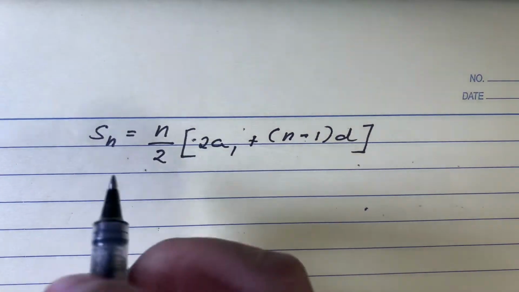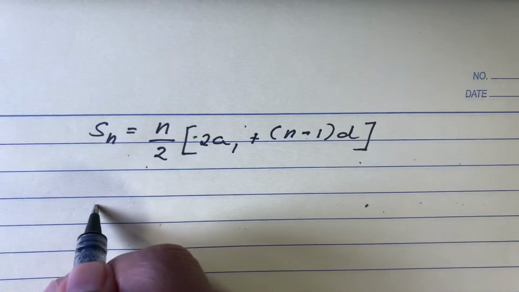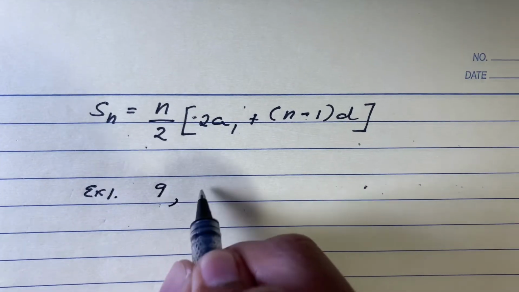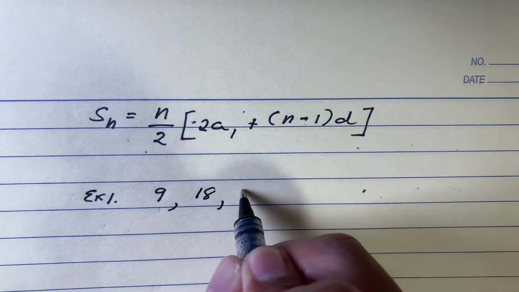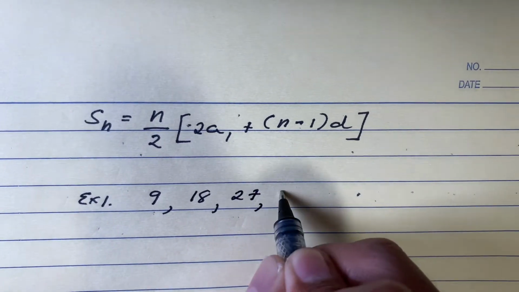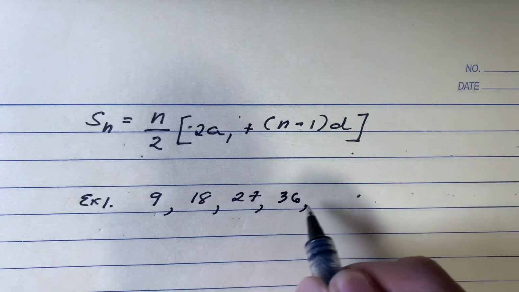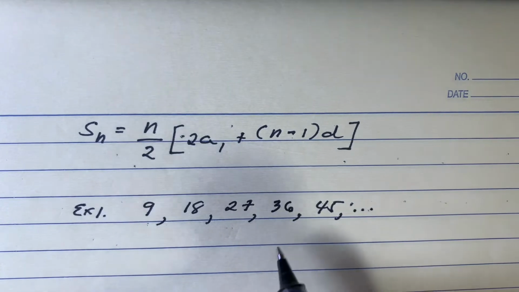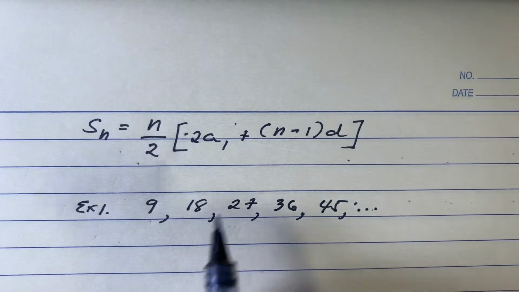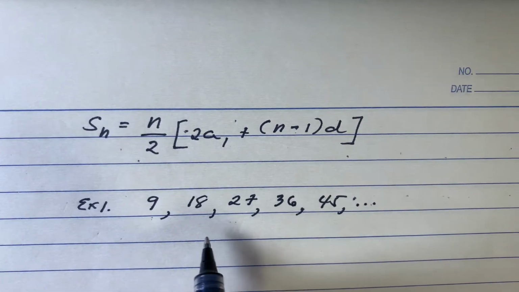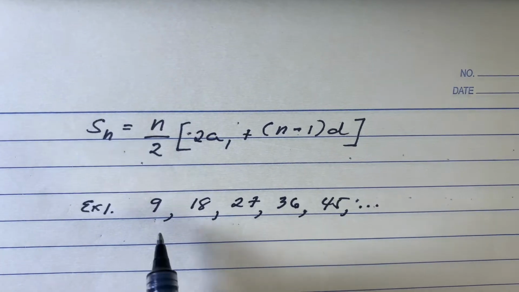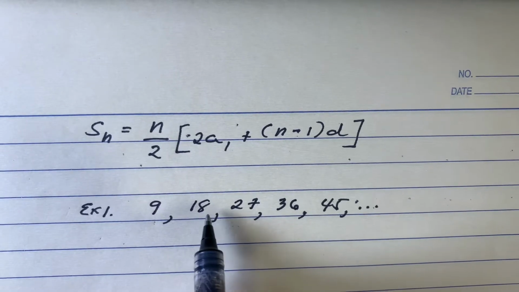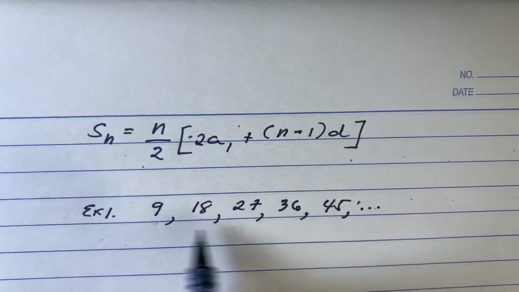Let's have an example. Let's say we have 9, 18, 27, 36, 45, and so on and so forth. As you can see, this is an arithmetic sequence. It is a sequence because they have a difference between and among the different terms.